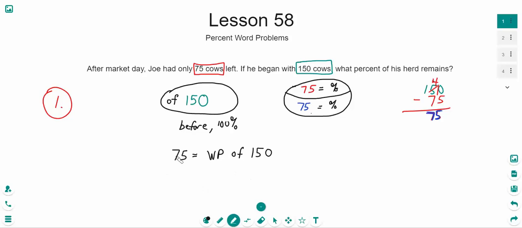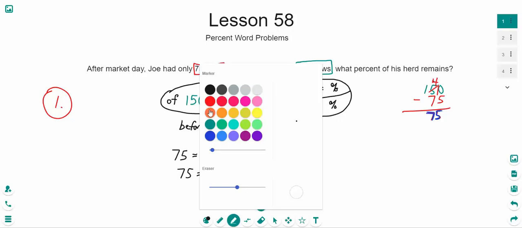All right, and when we have these equations, that's exactly what we need to do. So knowing that, I could even rewrite this as 75 is equal to what percent times 150. Okay. And now we see that we have an equation. And it's in one unknown. The unknown is the WP. Okay, so we can solve for that.